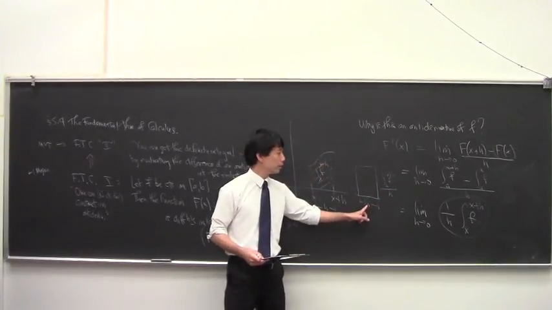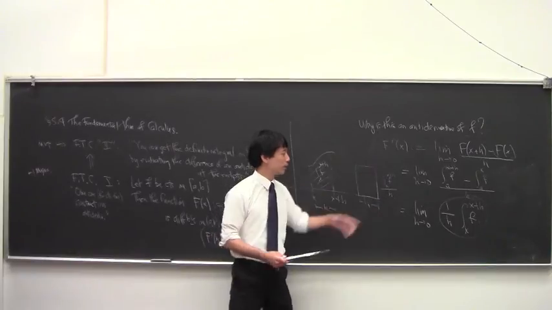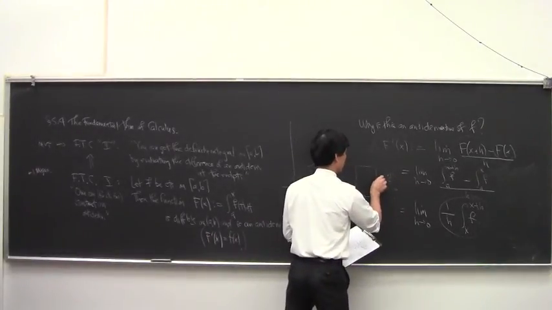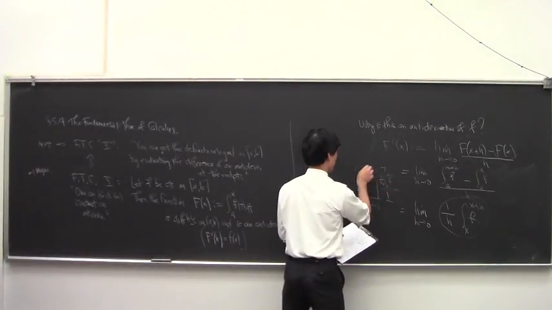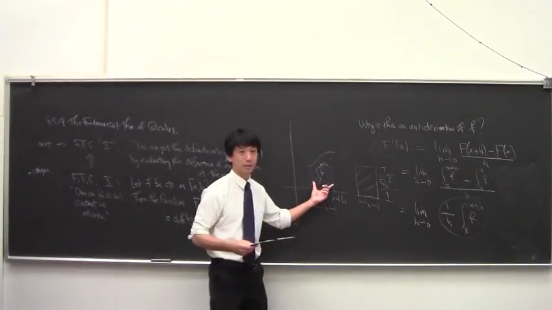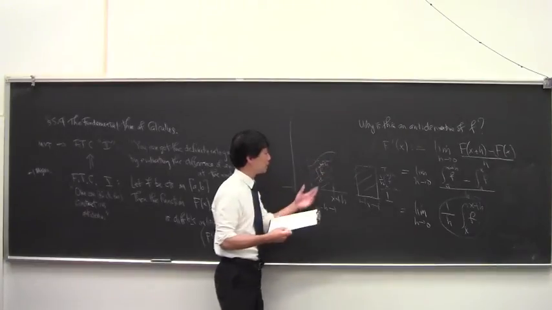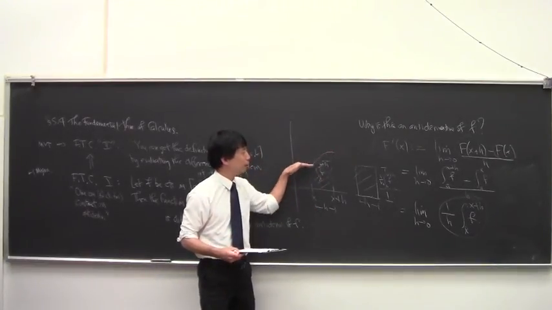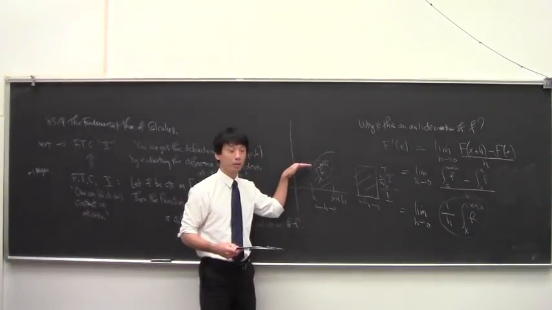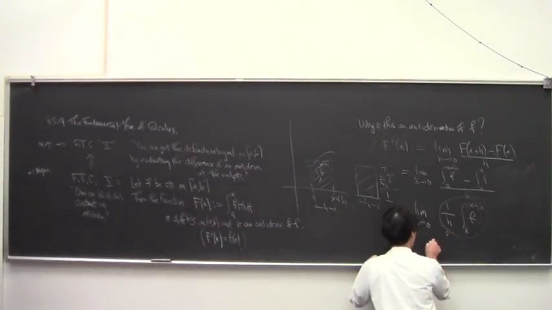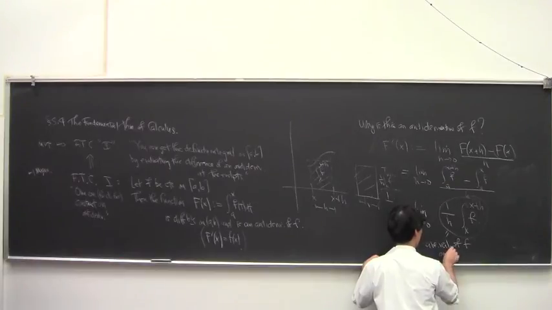If I take a box with this height, this box has the same area as this thing here. So it's an average. What it gives you is the average height, the average value of f. This thing here is the average value of f on the interval.